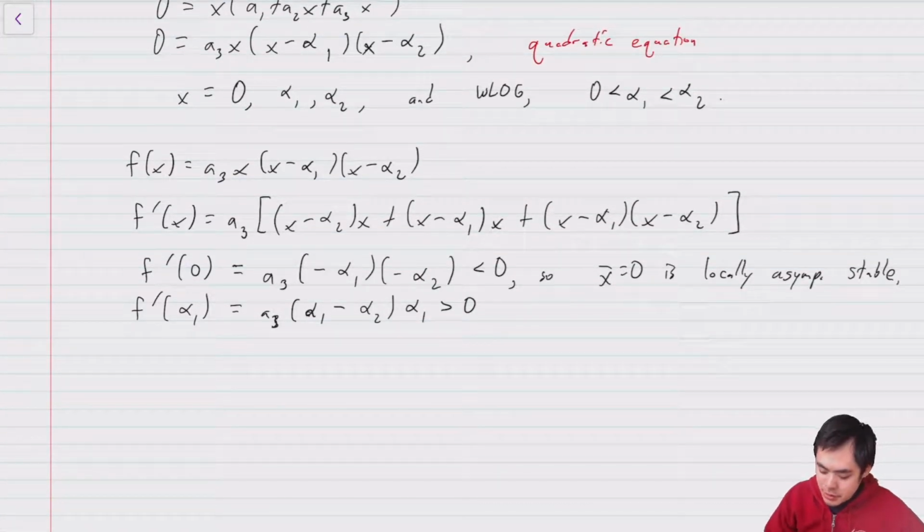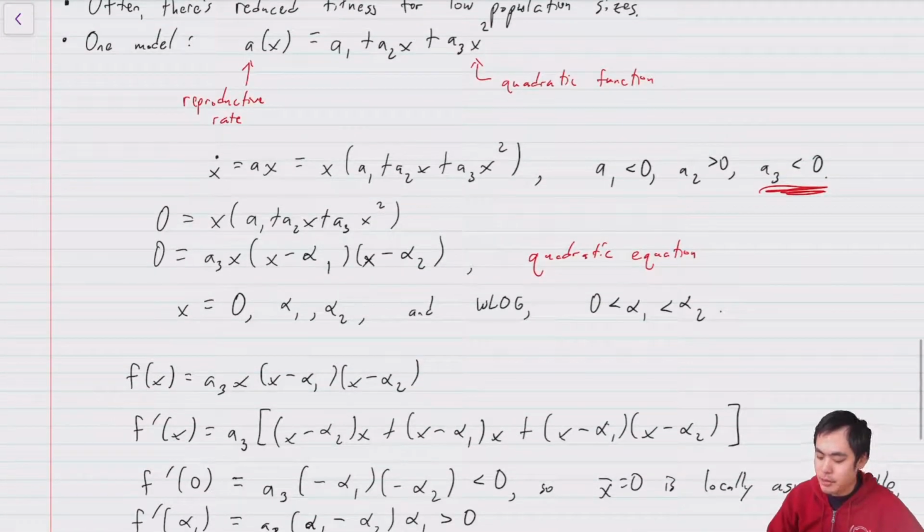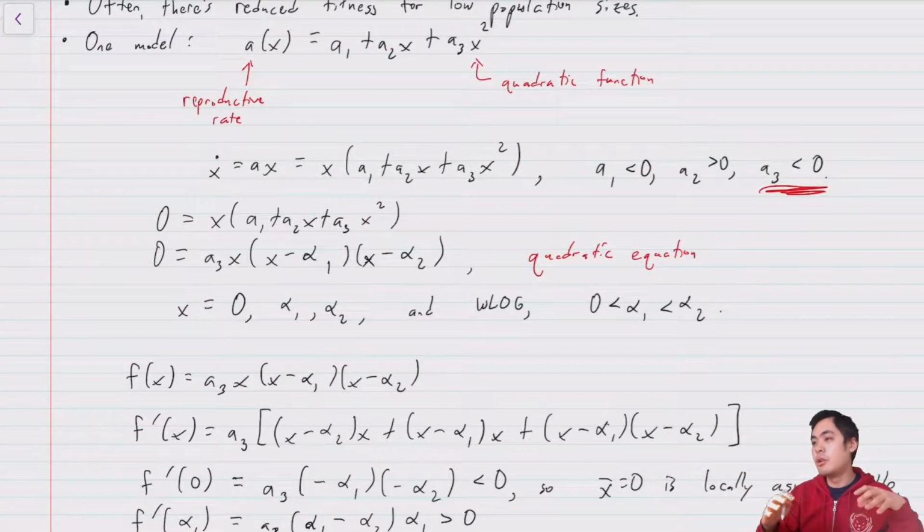So a3 is less than 0, and so basically, sorry, I should go back and explain a little bit what these different constants mean. So a3 being less than 0 means that when your population is super big, the rate is negative and it tends to get smaller. So this is the same sort of effect as you get with the carrying capacity, except we've encoded it into a slightly different term.